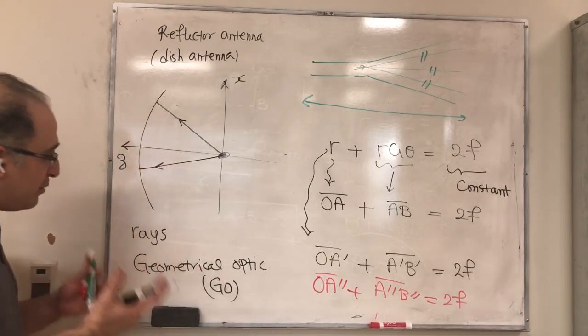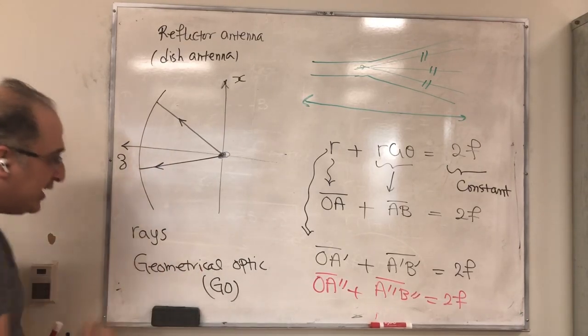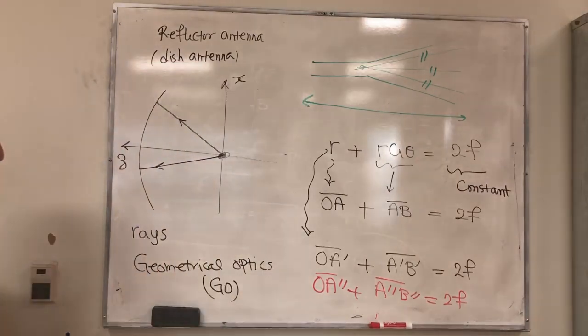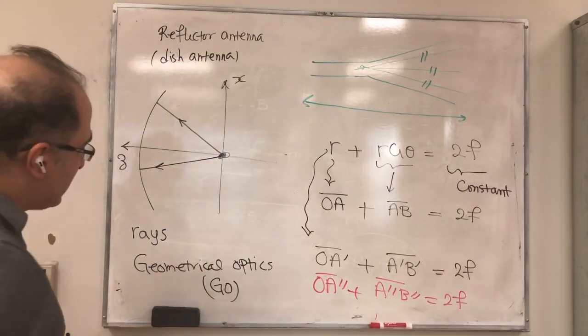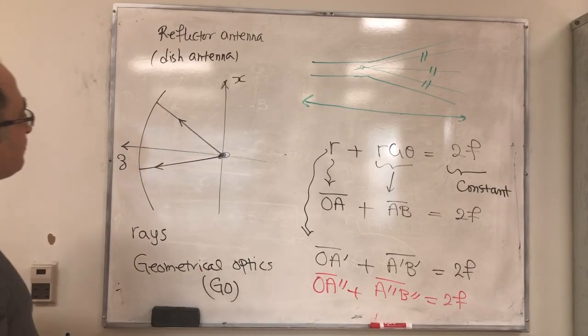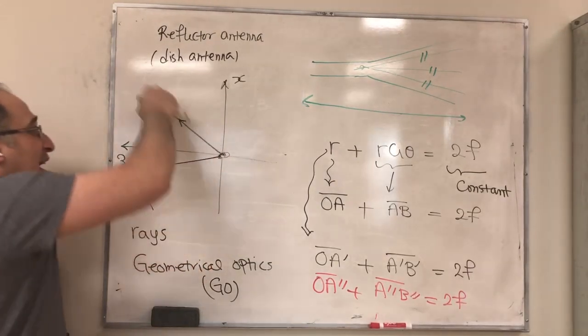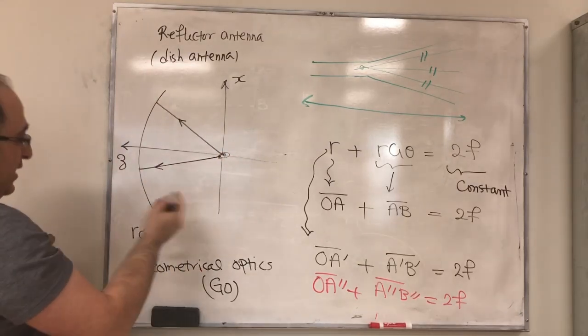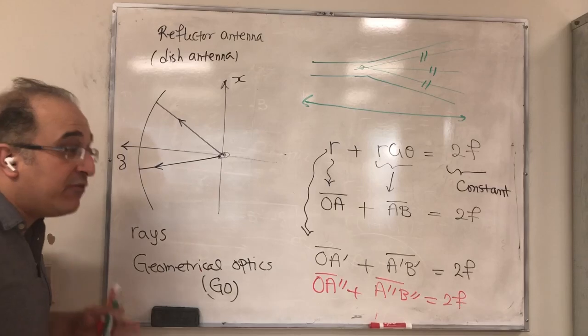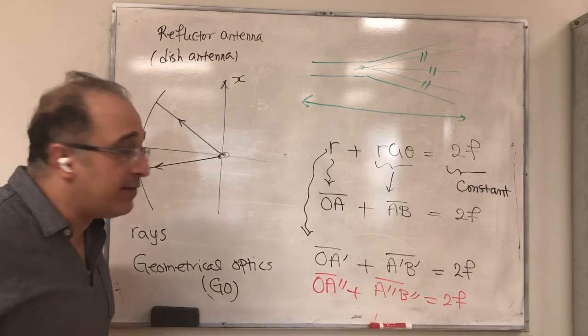So this terminology that I'm using, rays, is based on this geometrical optics. We could go to other models like physical optics and things like that, but this is our focus here. So again, you have some rays going toward the reflector, and based on this model, the size of the reflector, remember, is big. We want it to be big because we want high directivity.